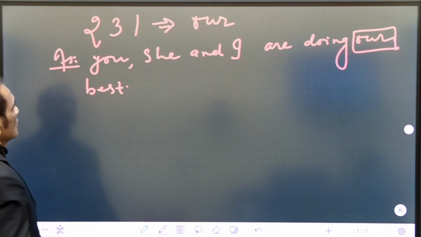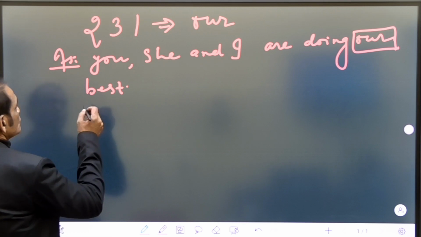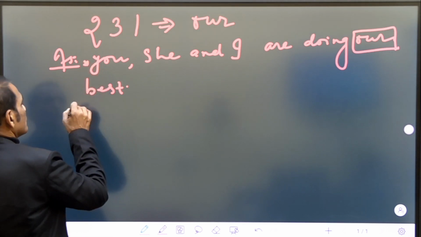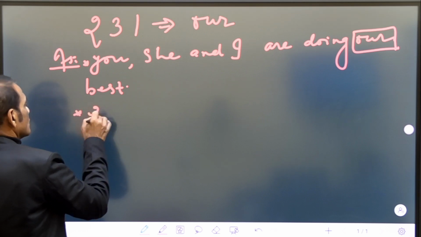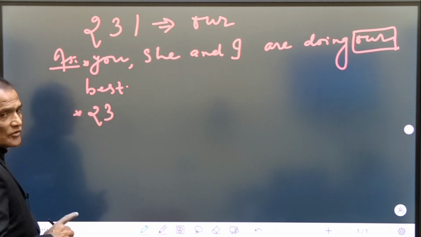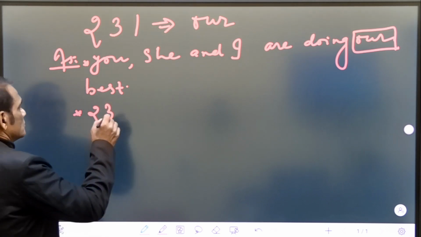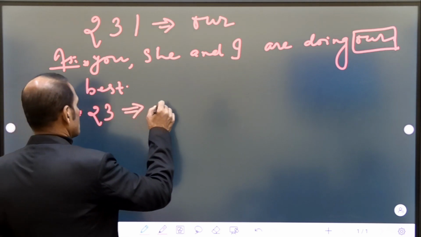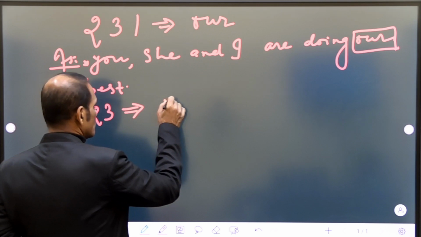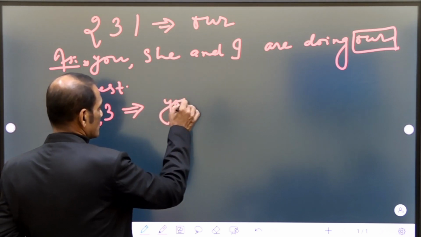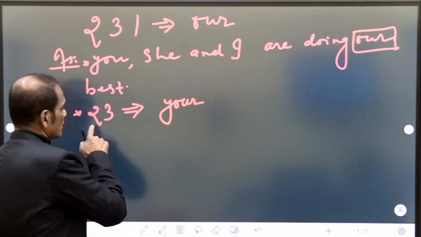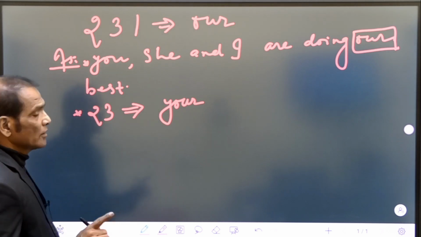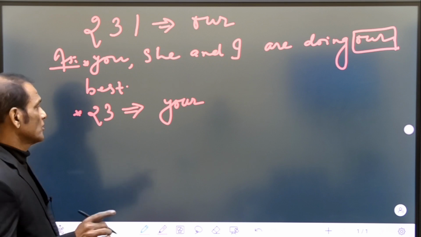Now 2, 3, means while second person and third person are used together, combined together, the common position is "your".